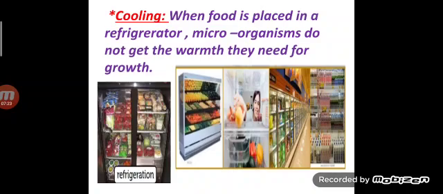Even fish is stored in ice, so it remains fresh for many days without getting spoiled. So cold temperature is very important to store food materials.